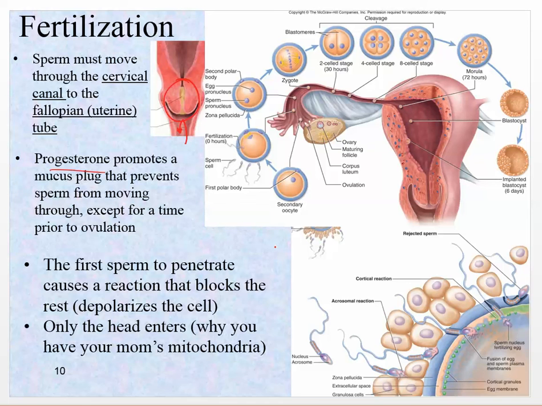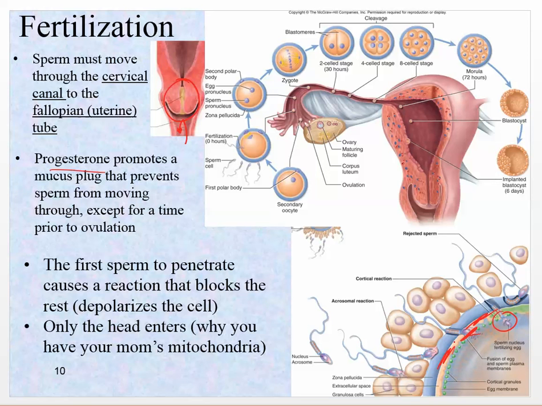And when fertilization takes place, the first sperm to penetrate causes a reaction that blocks the rest. So once a sperm makes it through, it will actually depolarize the cell and block anybody else from moving in. There are some other things that they're finding out, but they do know that that takes place.